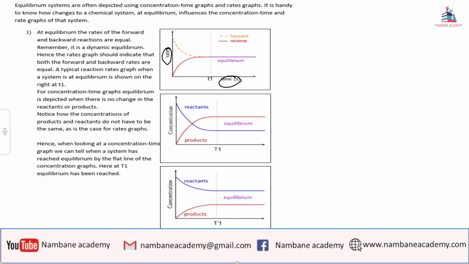So for rate versus time, I must say here one is we need to apply the collision theory.